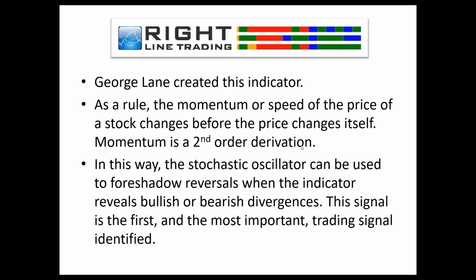Now, George Lane created the oscillator, and actually what he created was stochastic, and he did that back in 1957. And he was really quite a brilliant guy. If you Google his name, you're going to find that he was a mathematician.